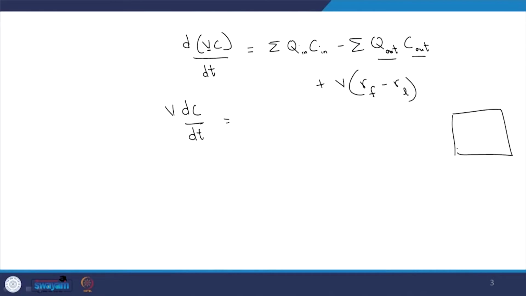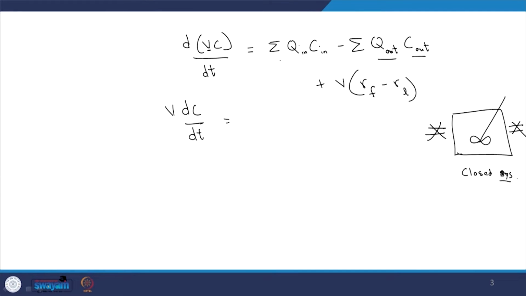That means that I have a closed system, and it is continuously mixed, so that the concentration within the reactor is assumed to be constant. But note that because there is no flow coming in or no flow going out, what is it now?